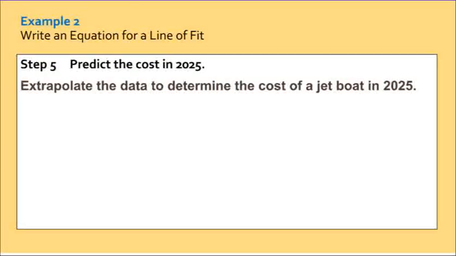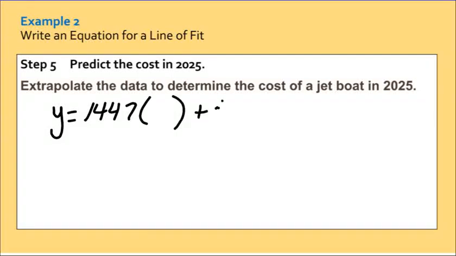Now, step 5 says extrapolate, which means we need to get outside of that time frame of between 2000 and 2013. We're trying to find 2025. If I take my equation 1447 times x plus 18,282, 2025 is 25 years after 2000.